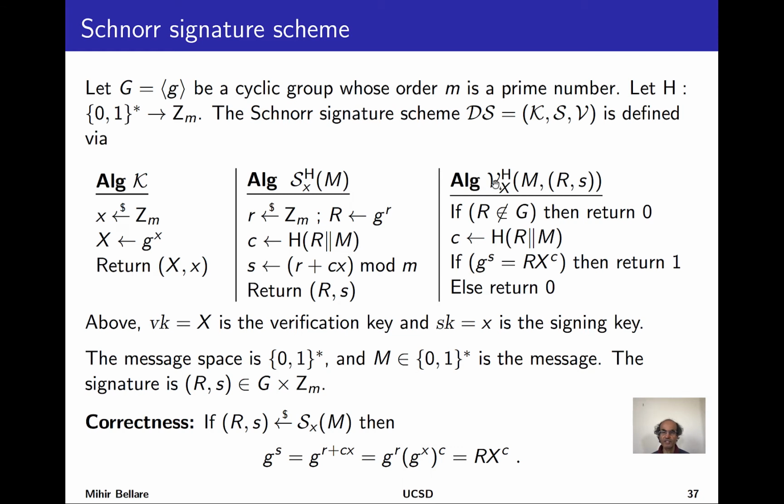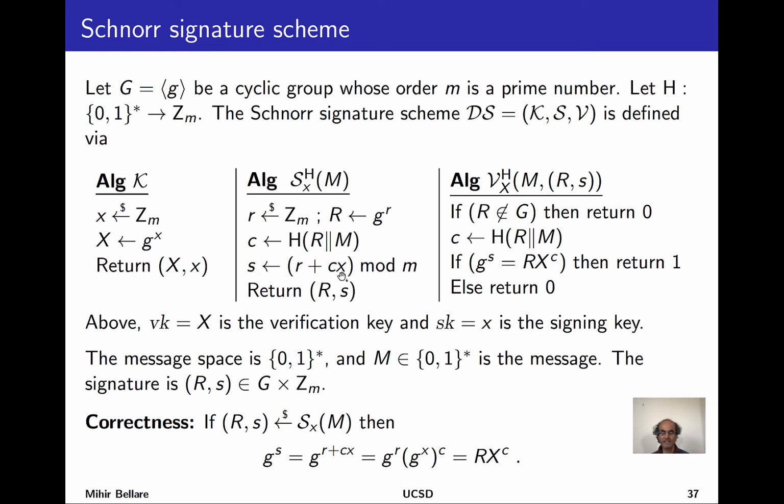At verification time, we have the public key big X, we have the message and a candidate signature, which is a pair, and of course access to the public hash function. We reject if this commitment is not a group element. If it is, as we expect, we hash the commitment and message to recover the challenge, and we now have to test that S equals this.